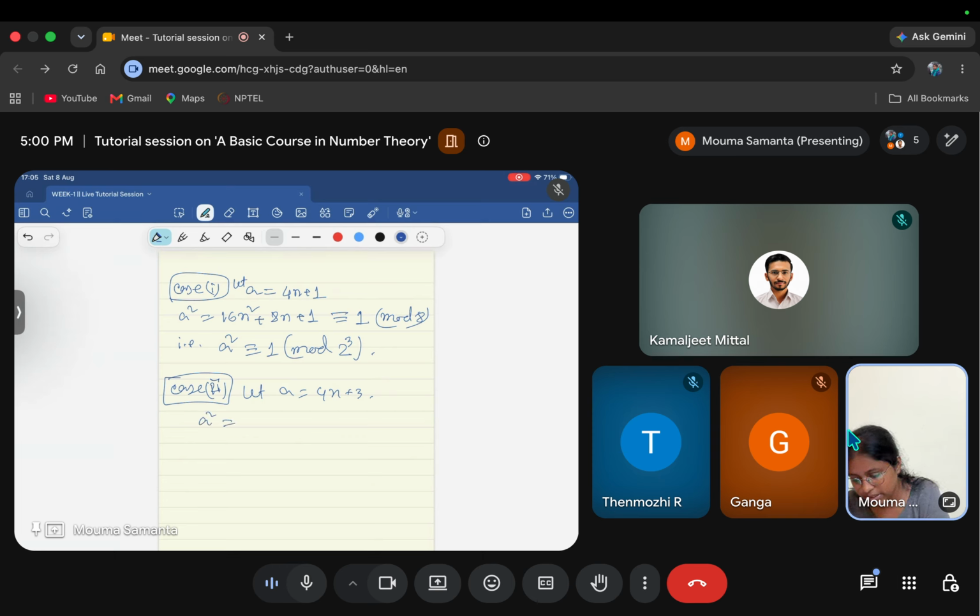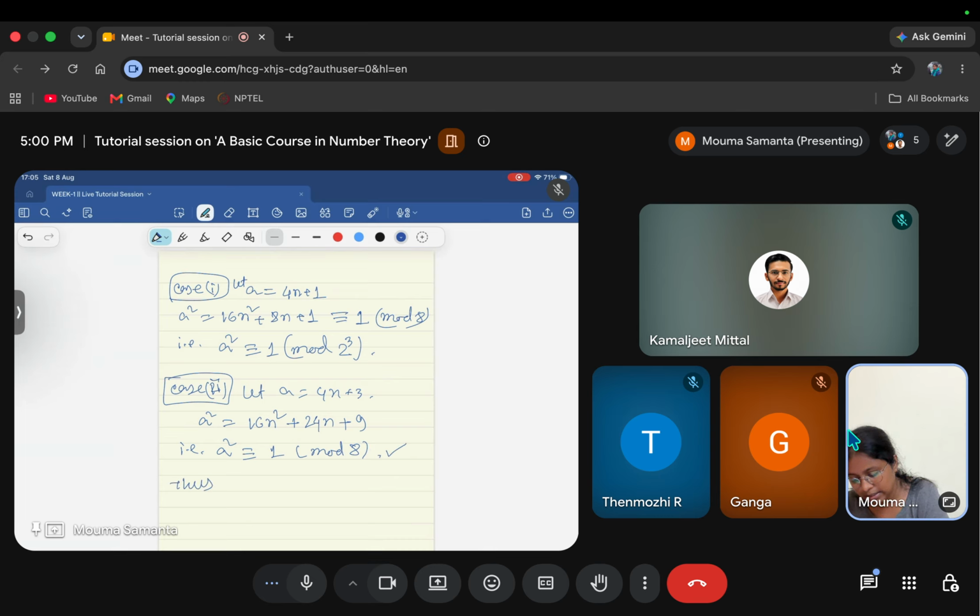Here also similarly, 16n square plus 24n plus 9, that is A square, if you divide it by 8, that will give you remainder 1, congruent to 1 mod 8. Mod 8 means mod 2 power 3. So in this case also we are done.